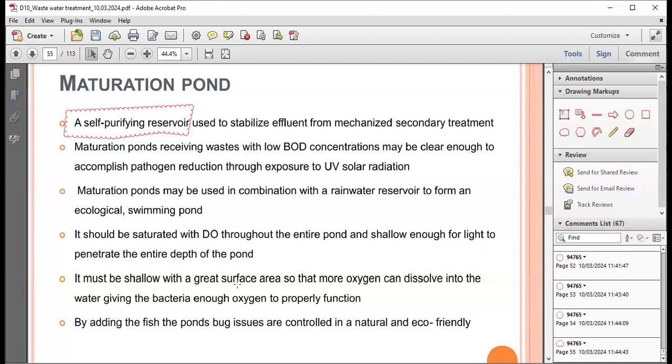It must be shallow with a great surface area so that more oxygen can dissolve into the water, giving the bacteria enough oxygen to function properly. By adding fish to ponds, bug issues are controlled in a natural and eco-friendly way.